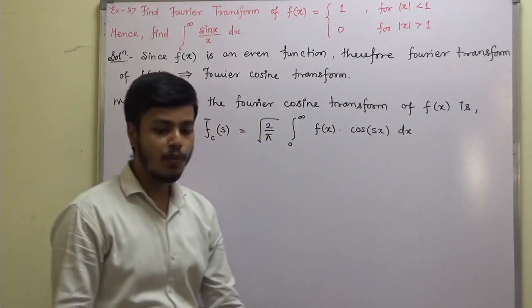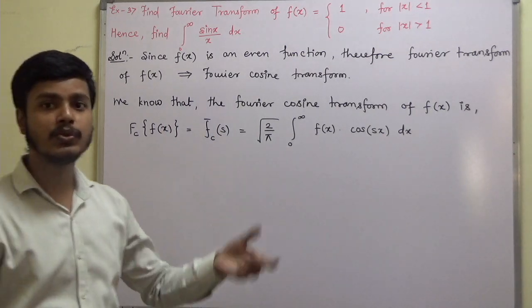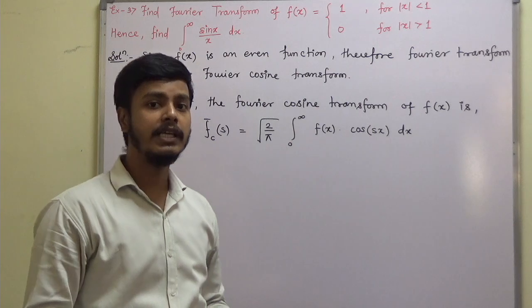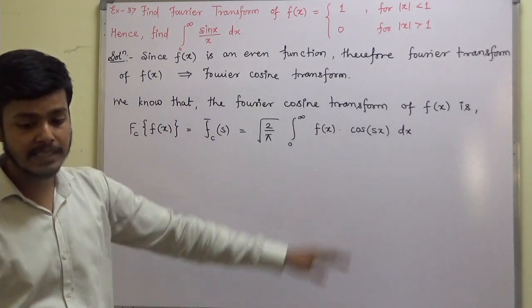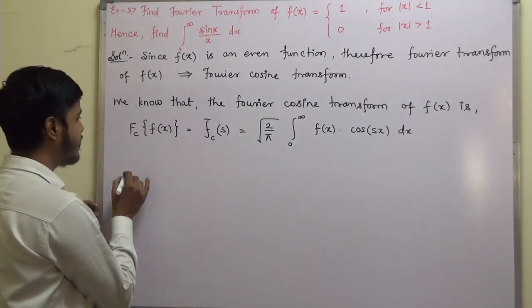So you can check it once, that Fourier cosine transform of the function is under root 2 by pi integral 0 to infinity f of x into cos sx dx, right? Now you have the function. Now you just look at the function.